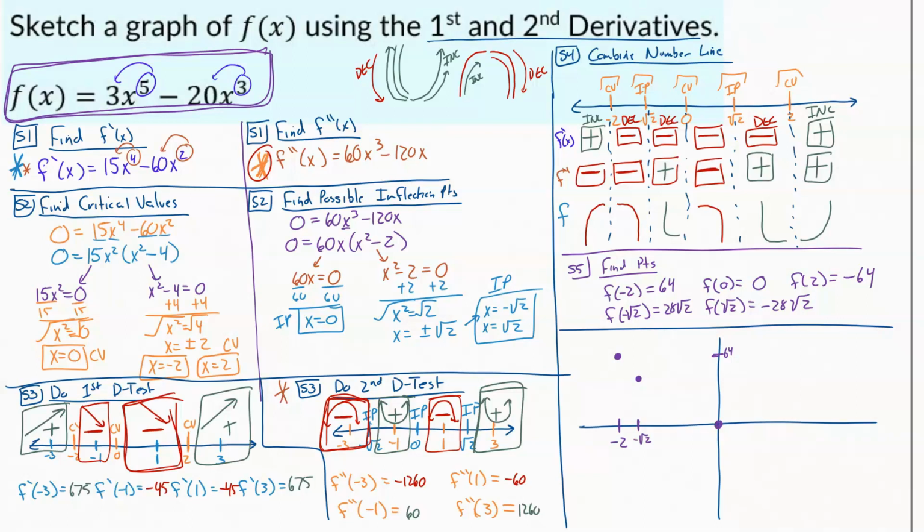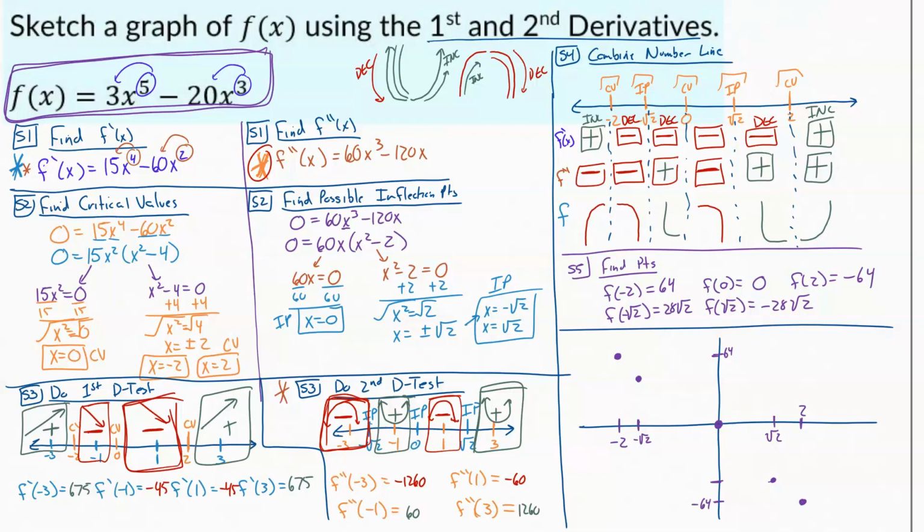Then I get the positive square root of 2, which is going to be happening down here at that -28√2. And then I get my last point, which is happening at +2. And that's going to get me out at -64. So I'm going to have that point there.